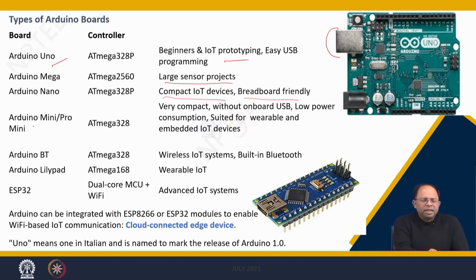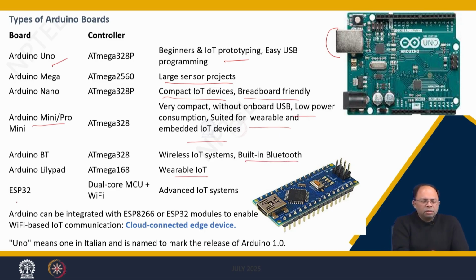Then there is Arduino Mini or Pro Mini, which uses ATmega 328. It's very compact without onboard USB, so it doesn't have all the components. It has low power consumption, suitable for wearable and embedded IoT devices, right? Then there is the Arduino BT, which has a built-in Bluetooth module. Then Arduino LilyPad, which could be used for wearable IoT.